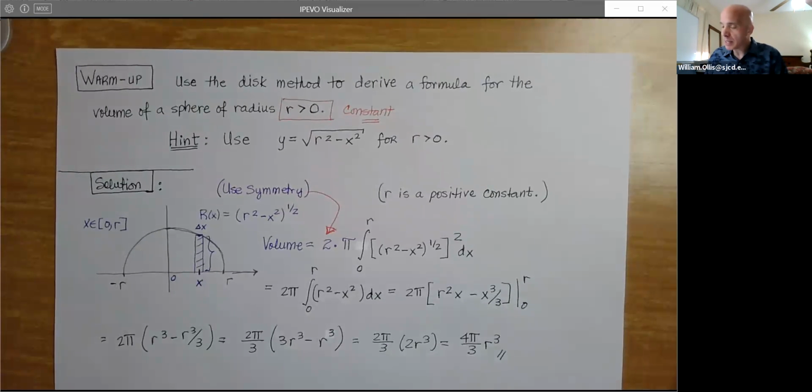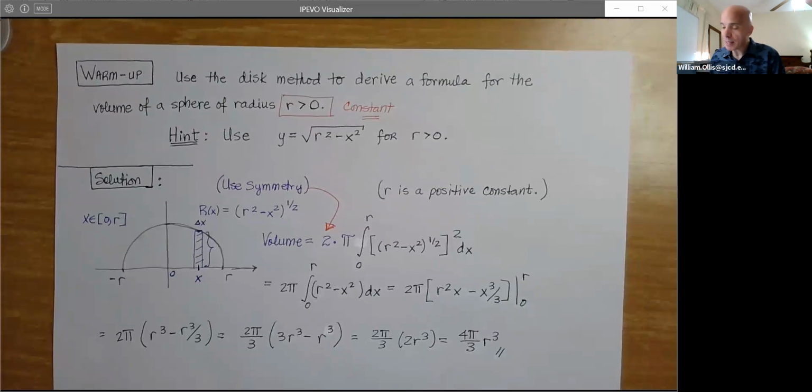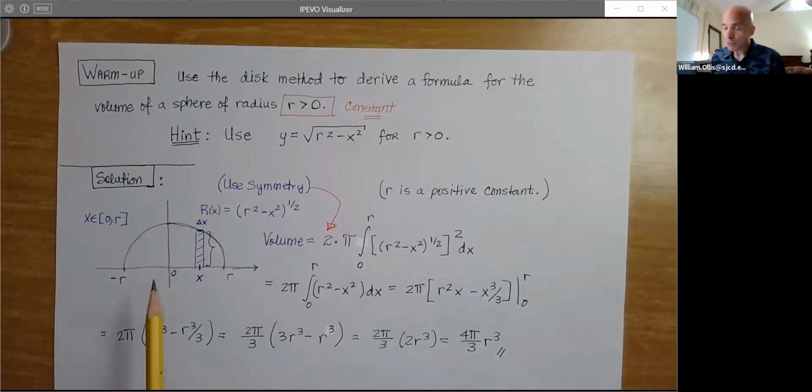Notice what we've done here in this particular case is I've drawn a semicircle here. Now, when you think about the semicircle, the actual values of x run from negative r to r.